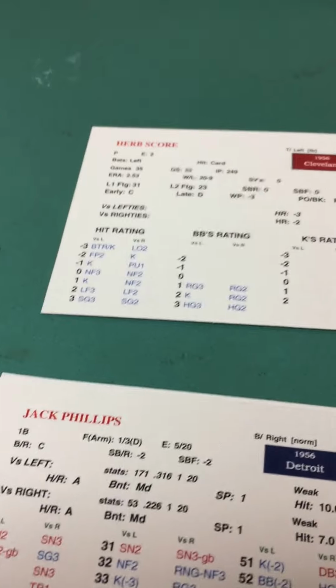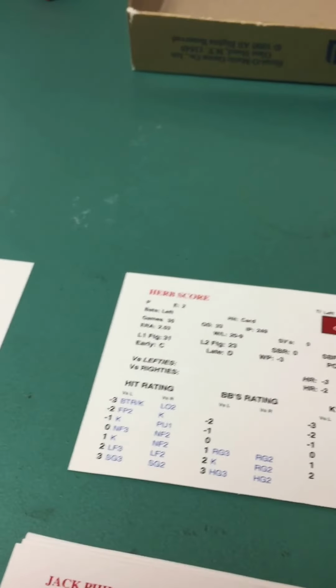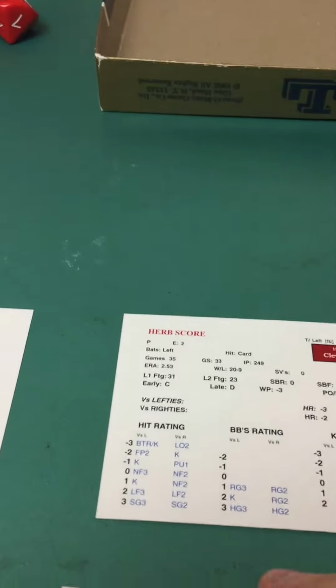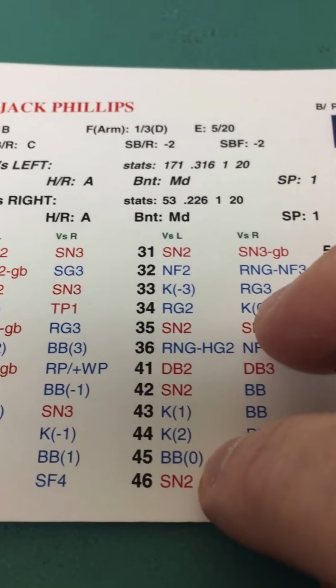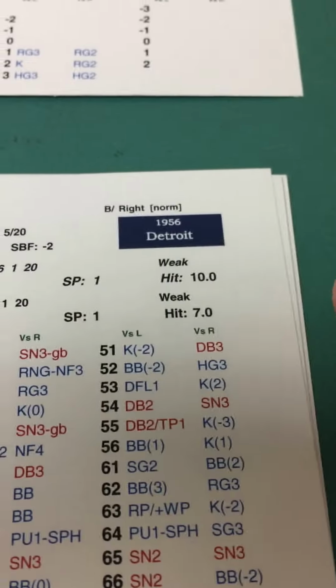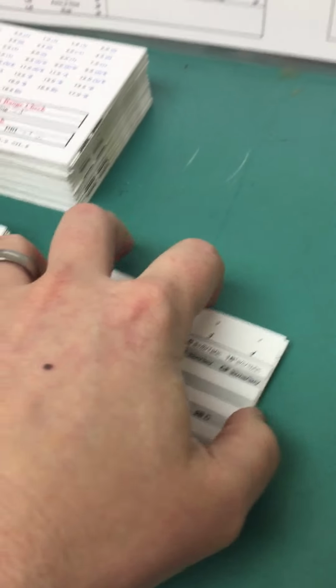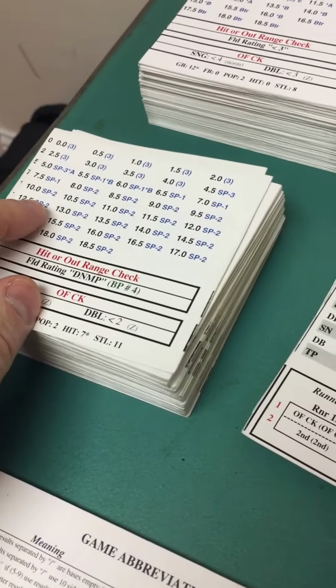All right, Jack Phillips, who walked back in the first. The air die is a 6. So let's see, 46 and 3. So we go here. S into possible single. He's a 10 versus left. So let's flip it, take a look, and we see right away it's a scoring position check.